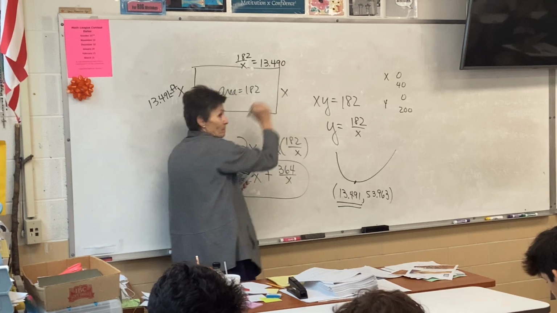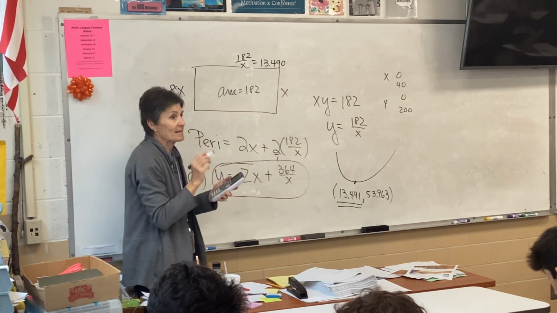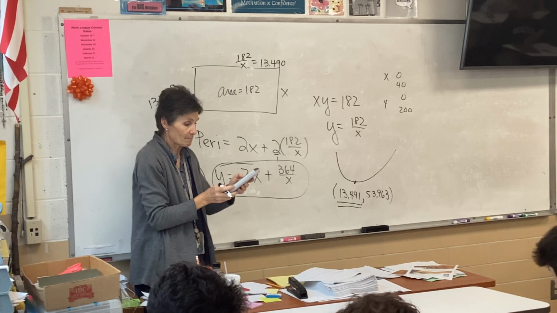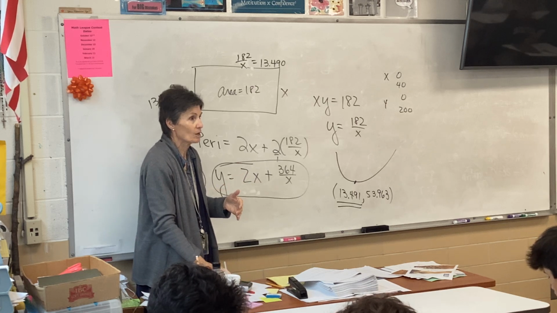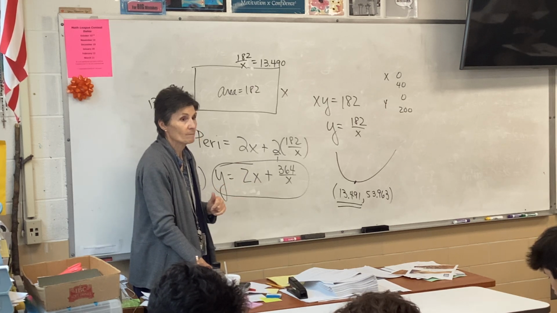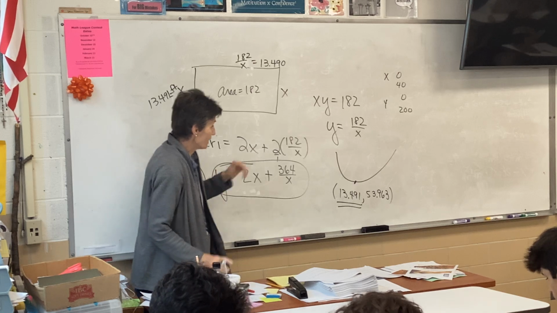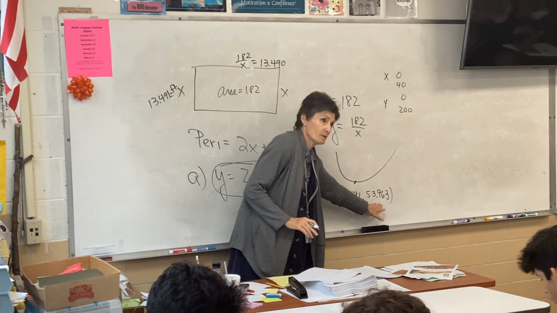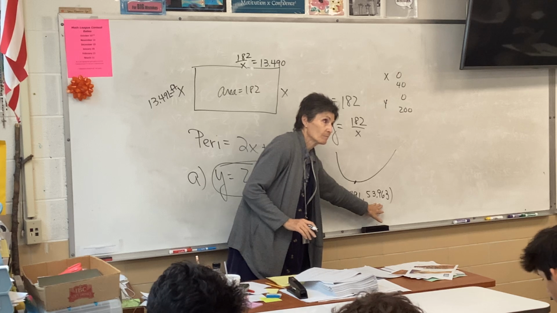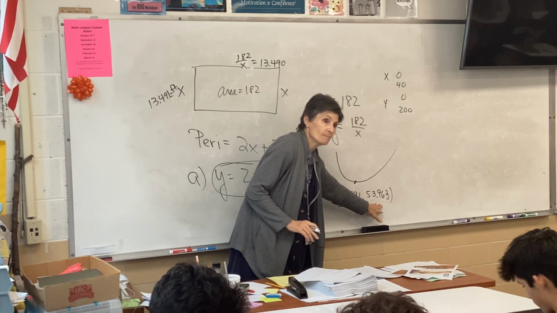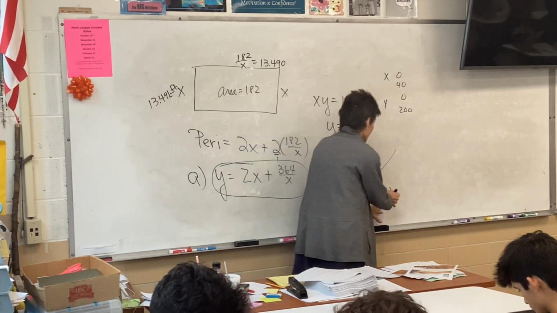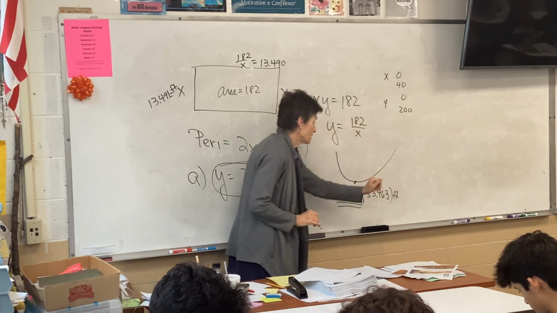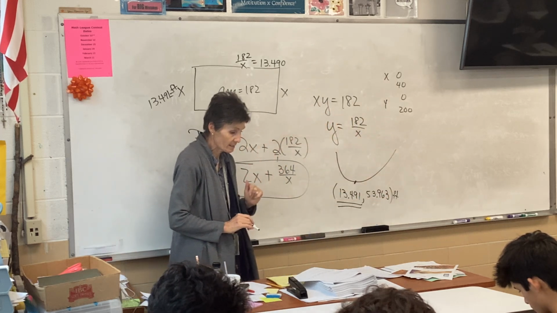It actually came out to be 0, but that's because of round off error. The smallest perimeter is going to be a square. And this is the smallest perimeter. That would be 53.963 feet.